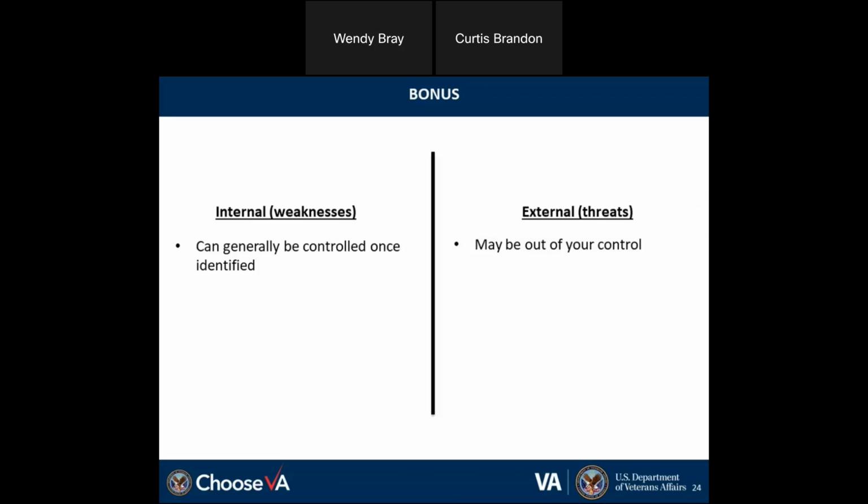External risks may be out of your control. Those are things that you may not identify throughout your market research, because you won't be able to identify every single risk that's out there. With external risk, it's going to be out of your control. But it's still good to have a risk assessment and a risk mitigation plan in place, so that if a risk did occur, you are able to recover from it.